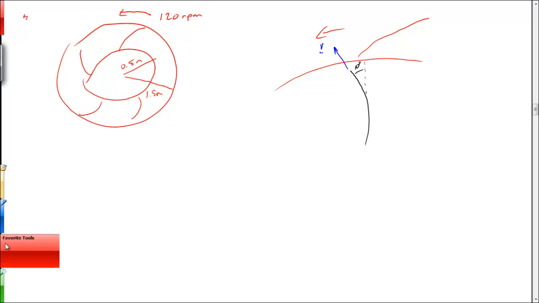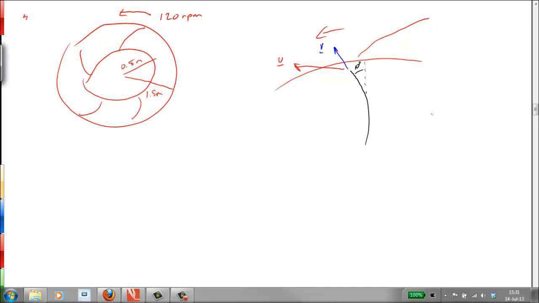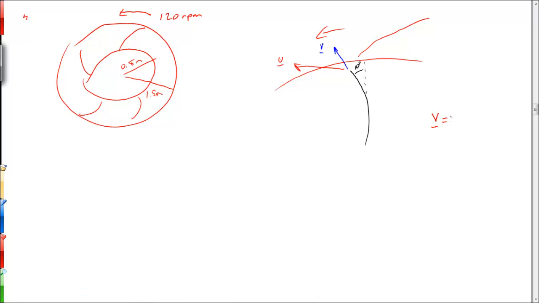And then, of course, our rotor is moving with some rotational velocity U. And as we remember, V is equal to U plus W, the relative velocity. And so that means that W will be something like that, right?